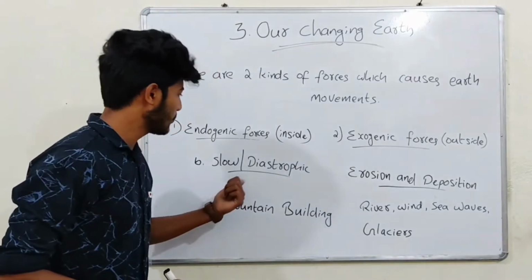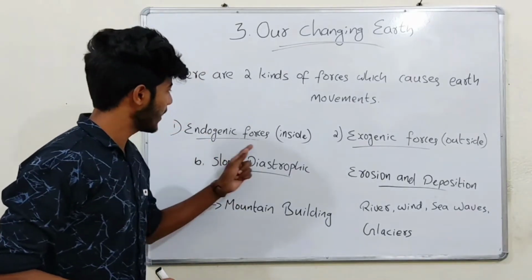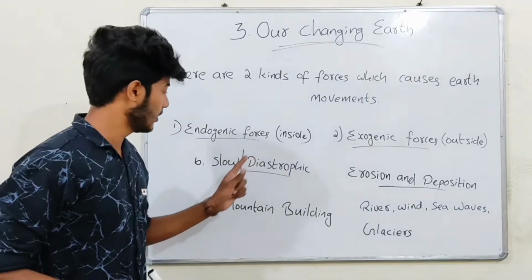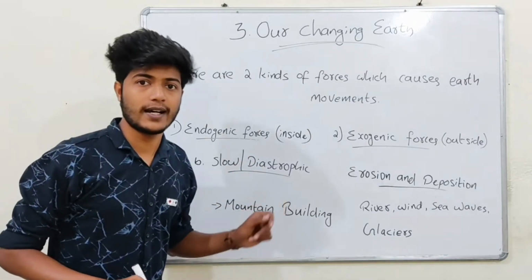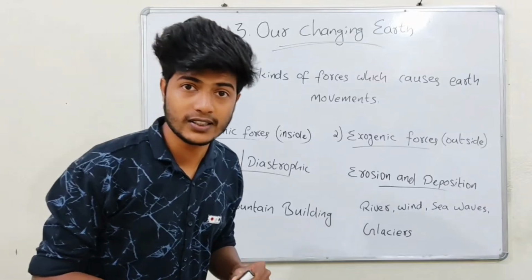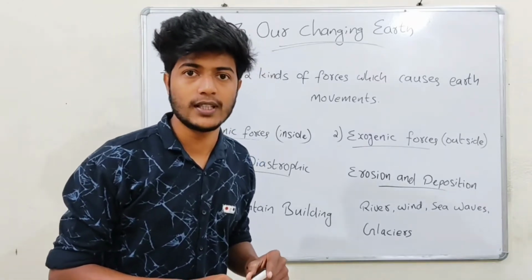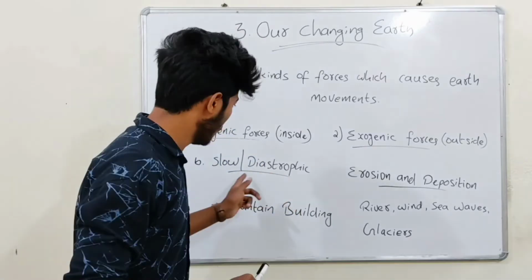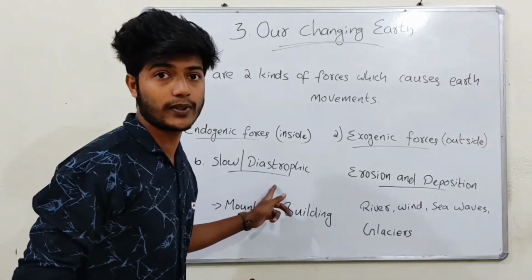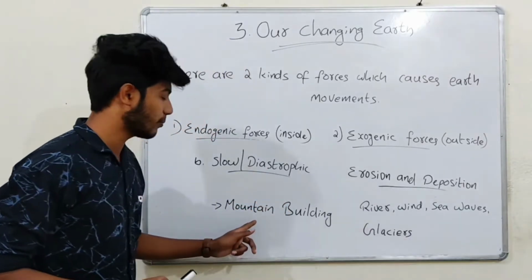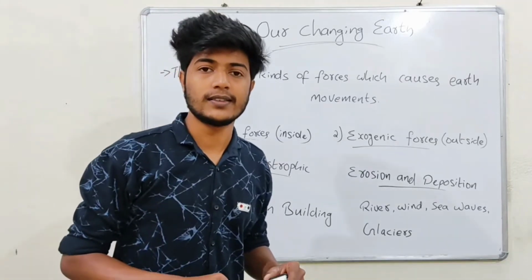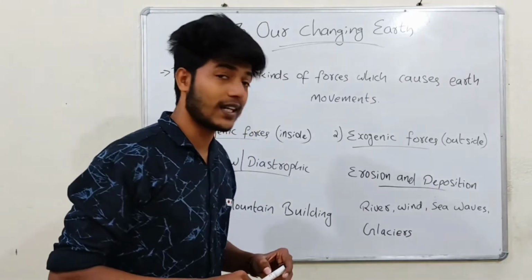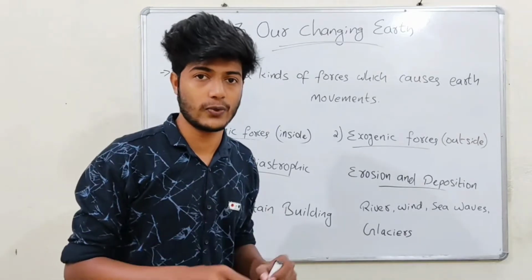Now the second type of movements caused by endogenic forces are slow movements or diastrophic movements. I said there are fast or catastrophic movements, and also there are slow or diastrophic movements. Example is mountain building. How is it in mountains? Mountains are made very slowly.